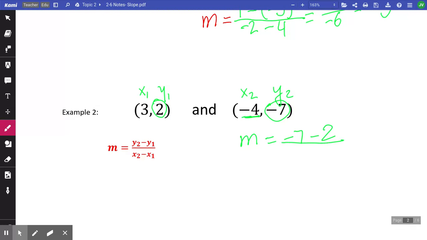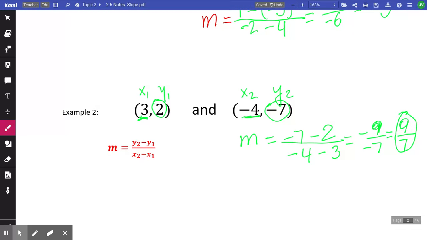Now I'm going to take this -4 minus 3. All right, I have -9 over -7. Since I have negative over negative, that would mean positive.